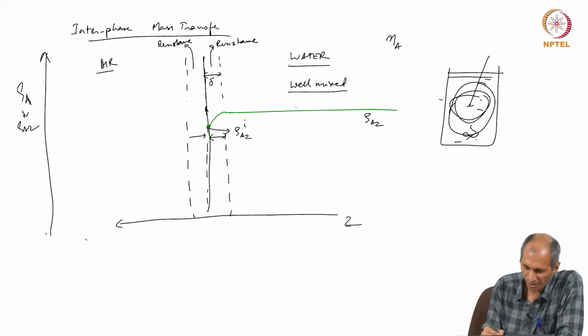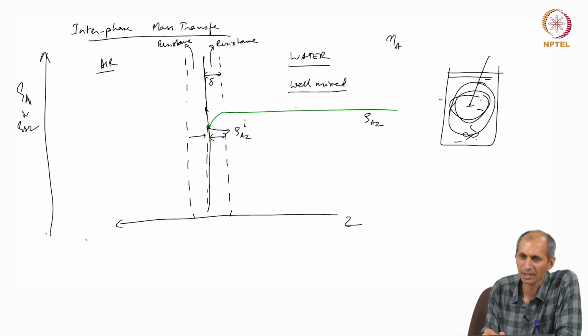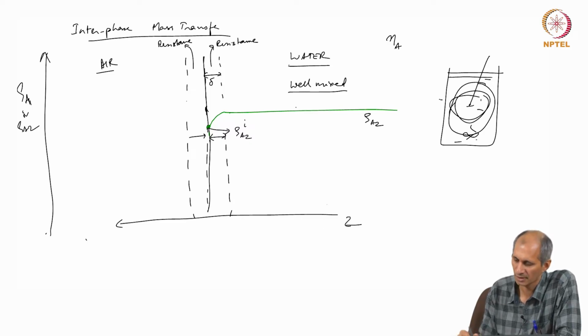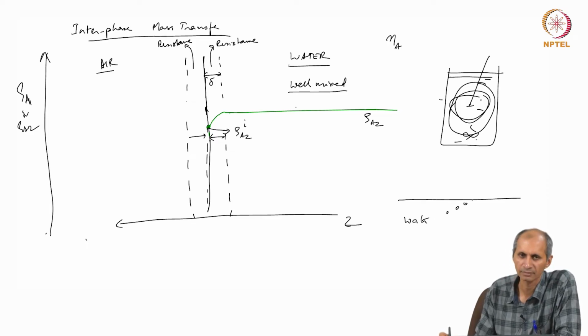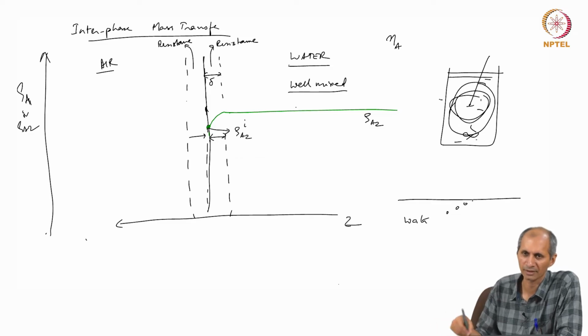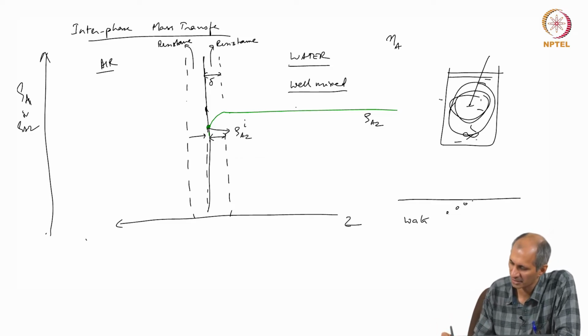The gradient is continuing, mass transfer is continuing in this direction. What will happen here at the interface? The molecule is in the water, it is being brought near the interface, and it travels and comes to the interface. Then what happens? It has to go to the other side, it wants to evaporate.